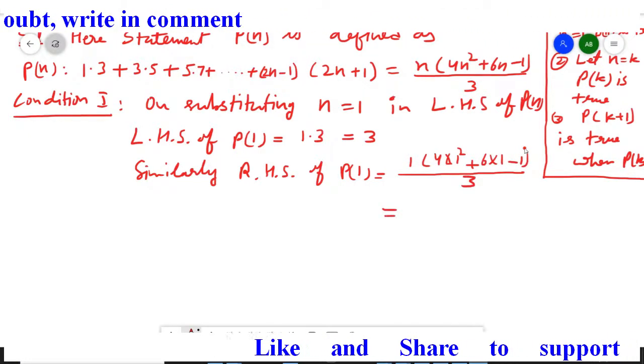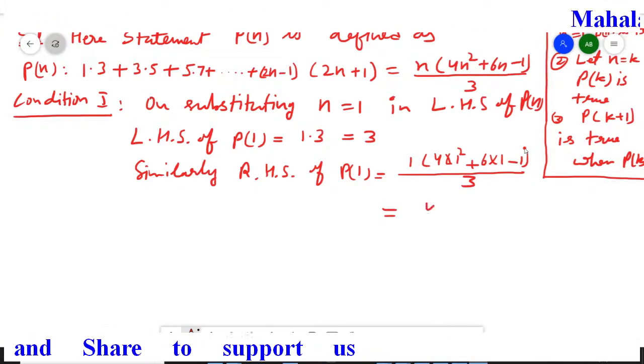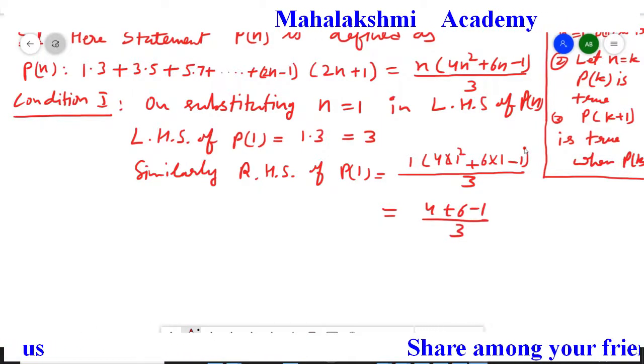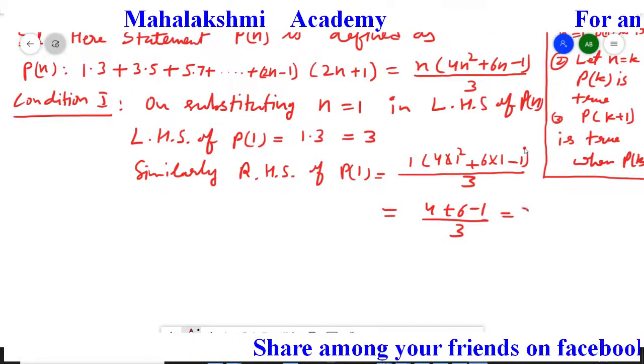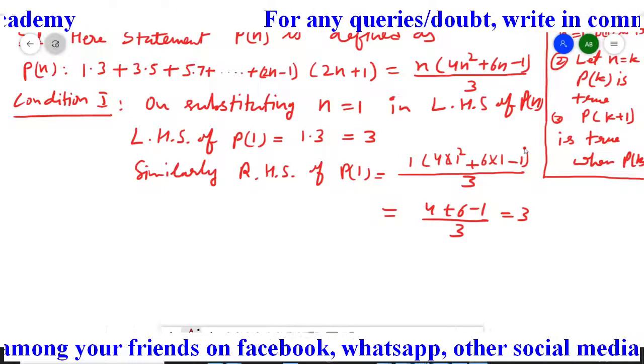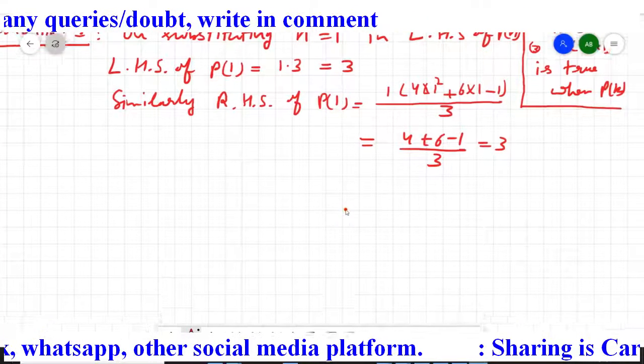When we solve this, it is 4 plus 6 minus 1 upon 3. So it's 10, 10 minus 1 is 9, 9 upon 3 is 3. So we got the right hand side is also 3 and the left hand side is also 3. So the conclusion is, for n equal to 1, the given statement is true.